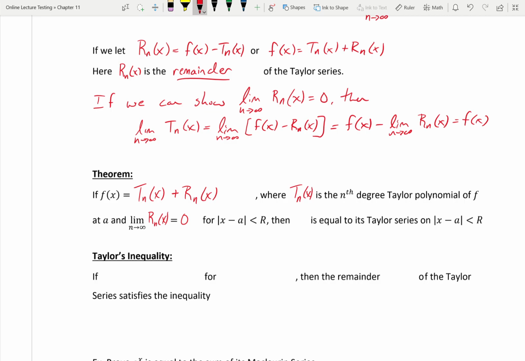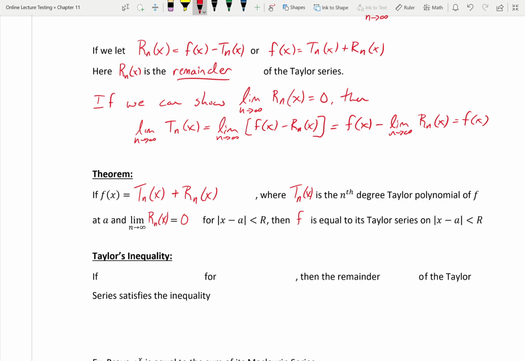At some point, we might not be converging for all real numbers. That's okay. Then f is equal to its Taylor series on that interval of convergence, or that radius of convergence. So if we can show that, and the limit is equal to 0, then we can say f has a power series representation equal to its Taylor series.